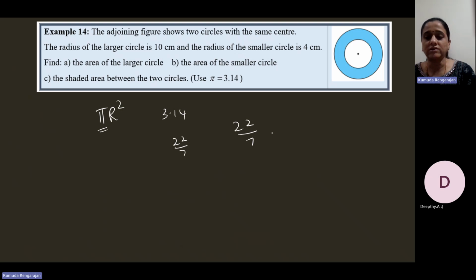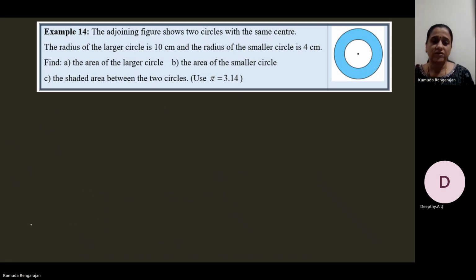If 3.14 is mentioned, then you have to take 3.14. If nothing is mentioned, then pi is 22 by 7. So here it's given 3.14, so you'll have to use pi as 3.14.